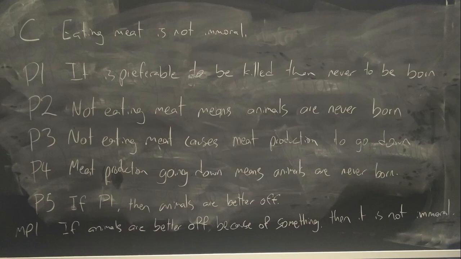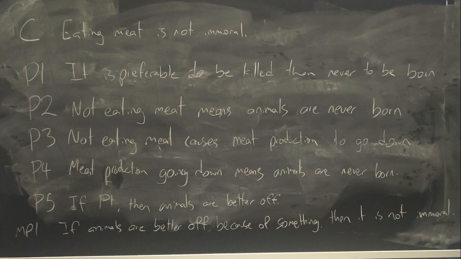Can we say not eating meat means animals are not killed, and maybe just animals are never born? Or, yeah. What about that? Does that capture the same basic idea? So, not eating meat means animals are never born. Is that good? If you want the other half, you can add it in as another premise.